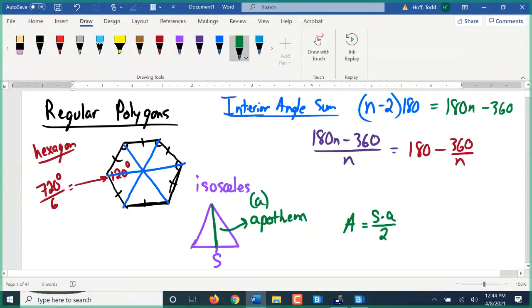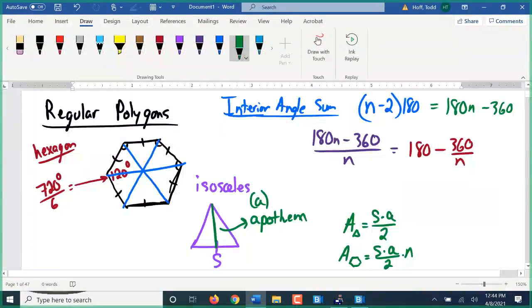So then the area of this whole figure, this is for the triangle, the area for the whole hexagon is the length of the side times the apothem divided by 2 times n, times the number of sides. There's one of those triangles for every side.